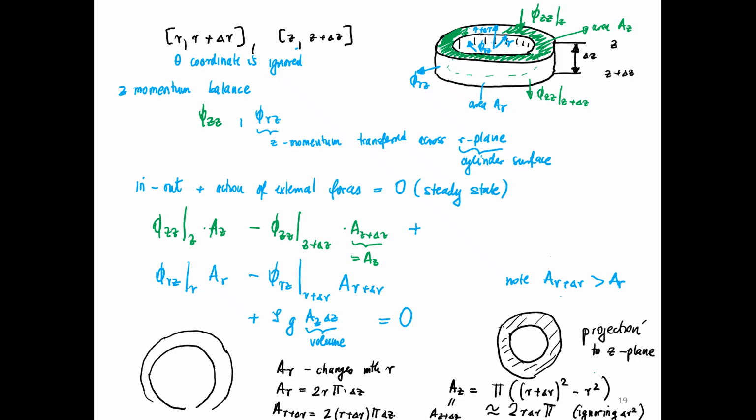Okay. So when I actually plug this A_Z in here, and A_R plus delta R, I recognize that both my phi_RZ and my A_R change with R, right? So I have it here evaluated at R, and here I have to evaluate at R plus delta R. So what I will have is the following.